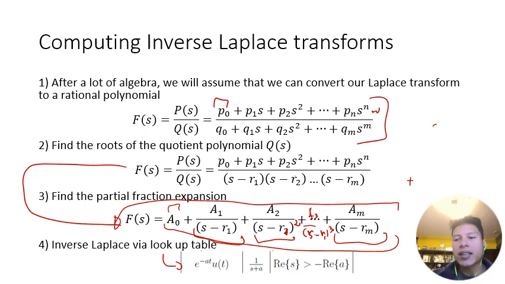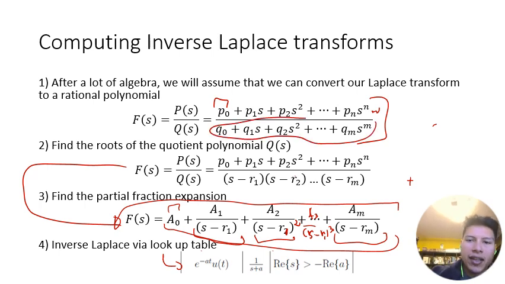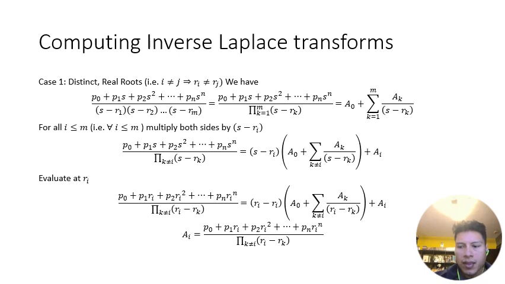We're going to look at different cases of how we can inverse Laplace. But to do that, we first have to take the denominator and find the roots. We also have to find the roots of the numerator. In the next slides, I'm going to introduce some terminology that defines what we call these roots.